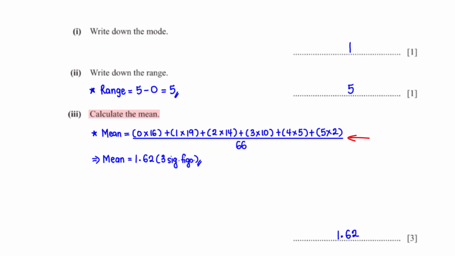The mean is equal to the sum of all the penalties scored, which is 0 times 16 plus 1 times 19 plus 2 times 14 plus 3 times 10 plus 4 times 5 plus 5 times 2, divided by the sum of the frequencies, which is 66. When we type this into the calculator, we get 1.62 rounded to 3 significant figures.